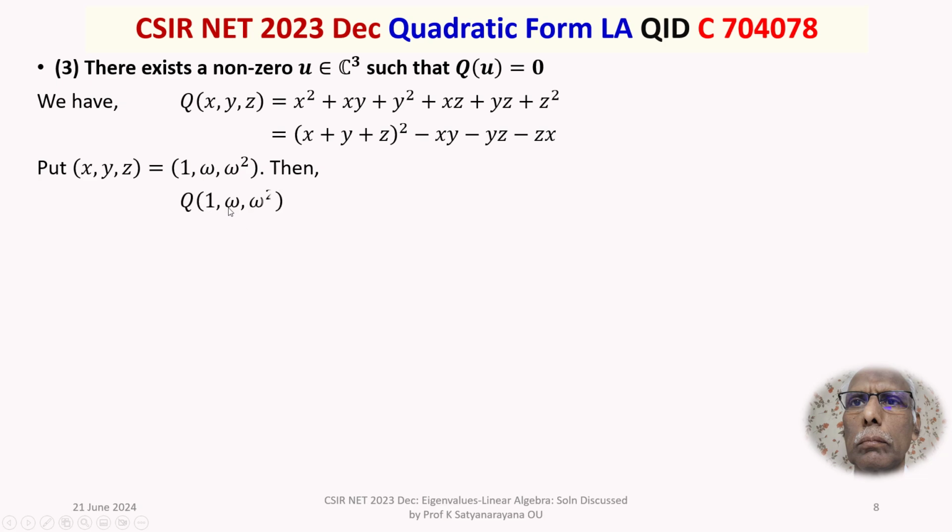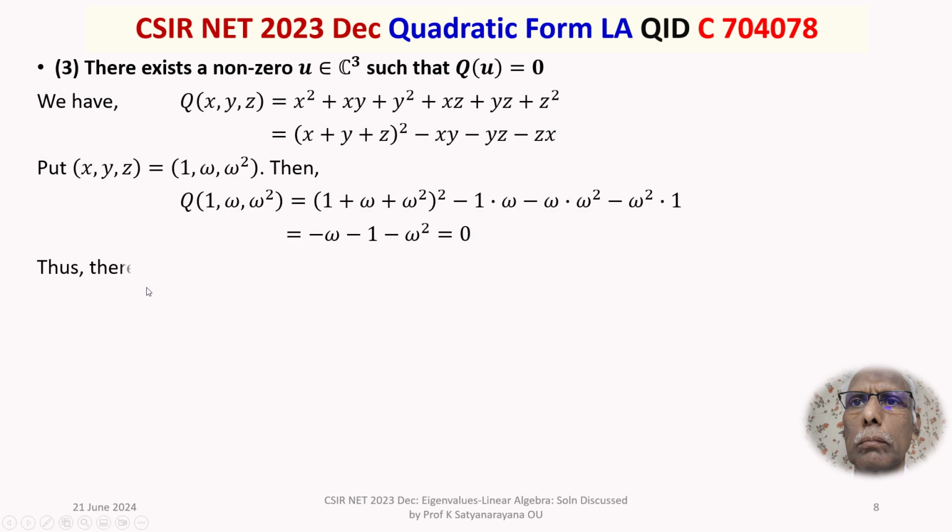Then Q of 1, omega, omega square is 1 plus omega plus omega square whole square minus 1 into omega minus omega into omega square minus omega square into 1. So this is the property: 1 plus omega plus omega square is 0, and this is minus omega cube, that is minus 1, minus omega square. This is minus of 1 plus omega plus omega square, that is equal to 0.